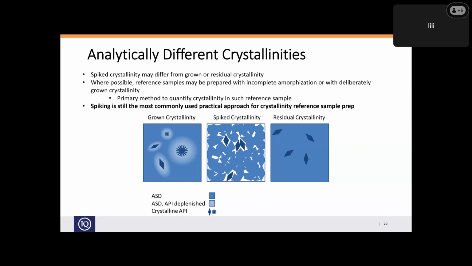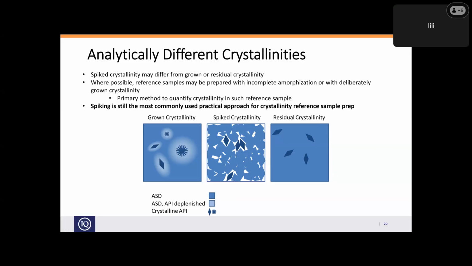In these cases, it could be from incomplete amorphization of the ASD, or with deliberately grown crystallinity by putting the sample under stressed condition. And if the reference samples are prepared in such ways, then a primary analytical technique will be needed to quantify the crystallinity in these reference samples before they can be used to support method development.